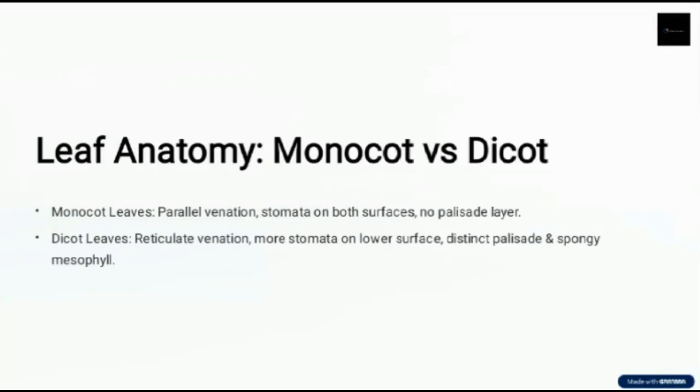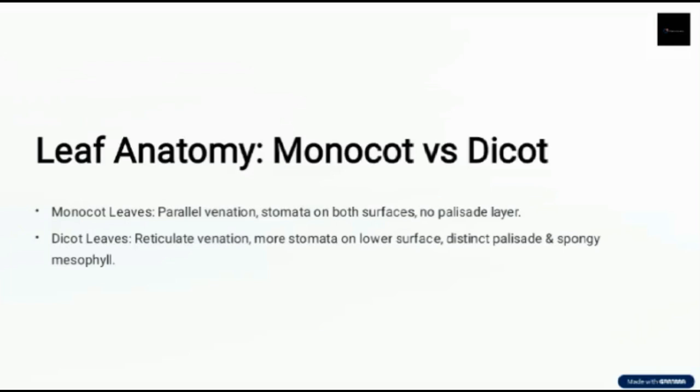They have reticulate venation. Reticulate means interconnected, that is, it branches out. That's a net-like connection. For example, take a mango leaf. Notice that its vascular system branches out repeatedly, forming a net-like vein structure.